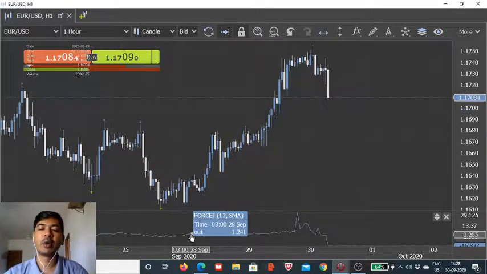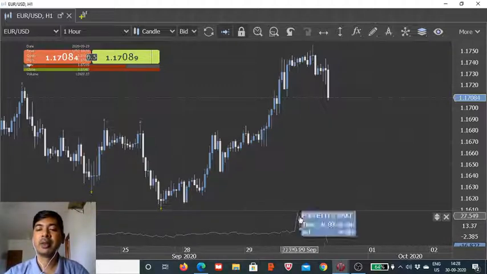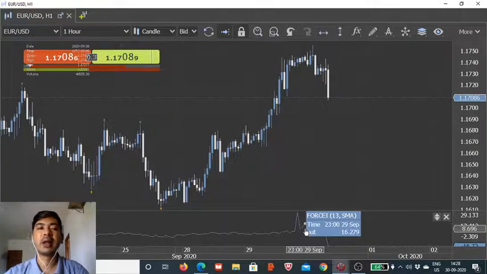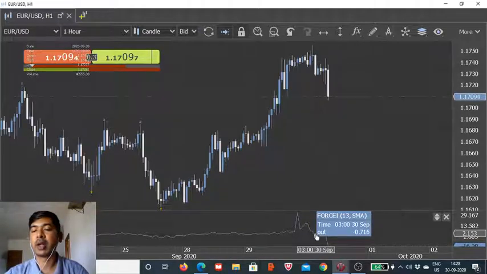We can think about going in for the fresh buy trade. And when we see the reverse happening, when we see that the bullish tendencies are now coming down, and rather the bears are trying to take control as the force index is dropping below zero from prior positive territory, we can think about going in for a fresh sell trade.